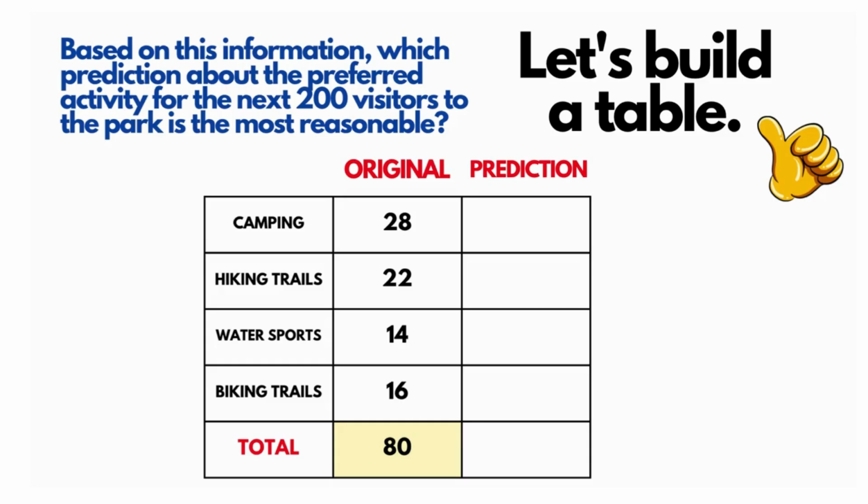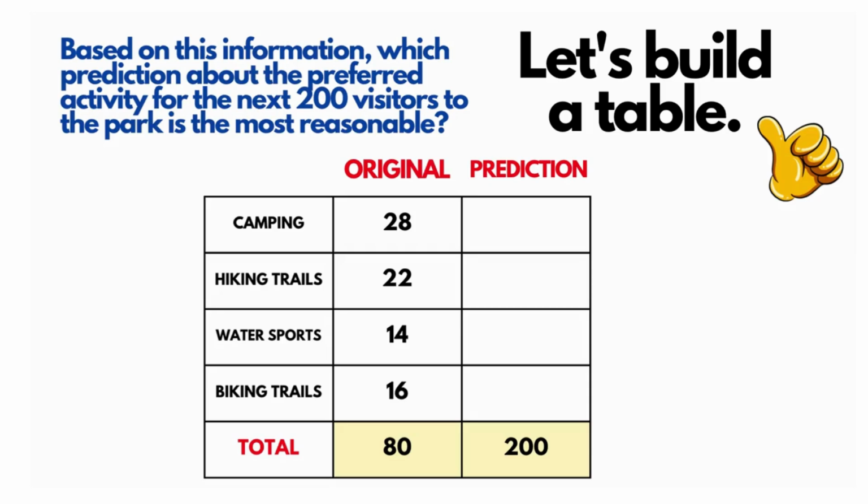So now we want to compare that 80 to 200. In order to figure that out, we need to figure out what we did to 80 to create 200. We're not going to add it because we're looking at a proportional table. In proportions, we're working with multiplication and division because we're scaling it. Addition and subtraction doesn't work in this case.